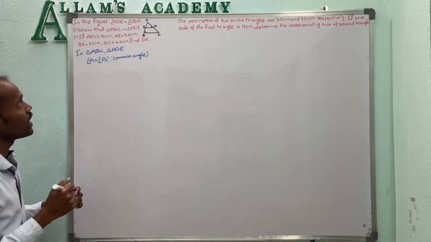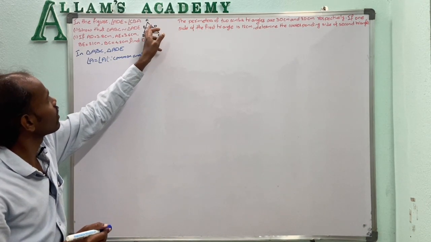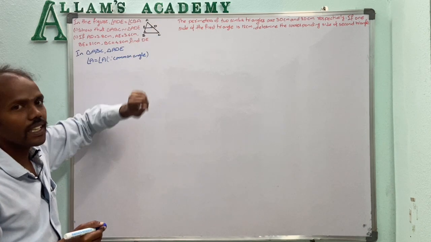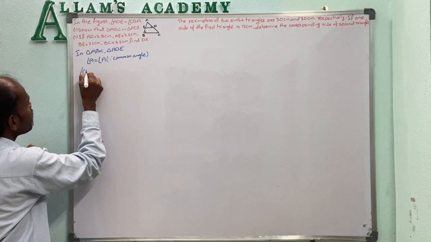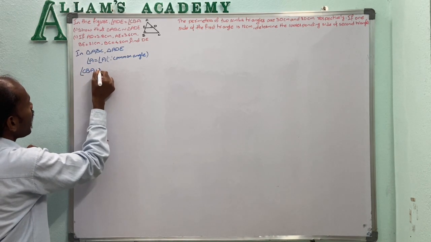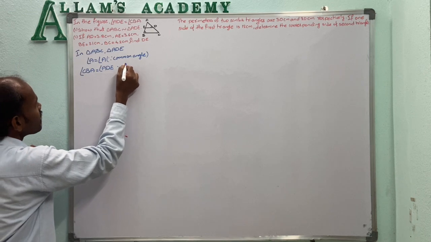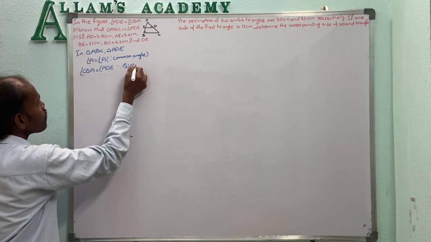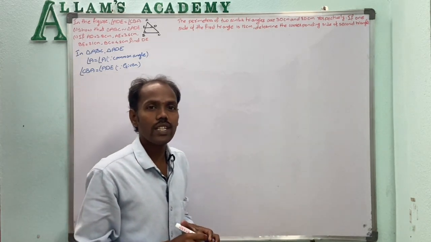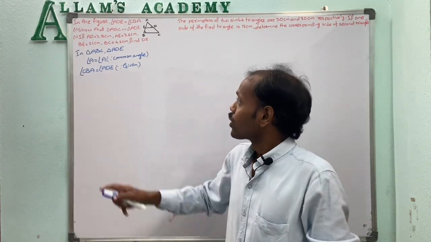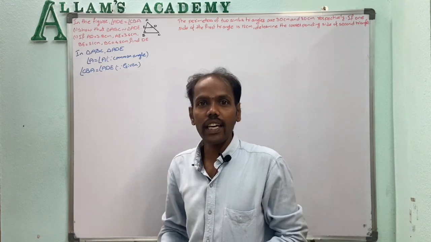And here given angle ADE equals angle CBA already. That means angle CBA equals angle ADE, that is given. So now we observe in these two triangles, two corresponding angles are equal.